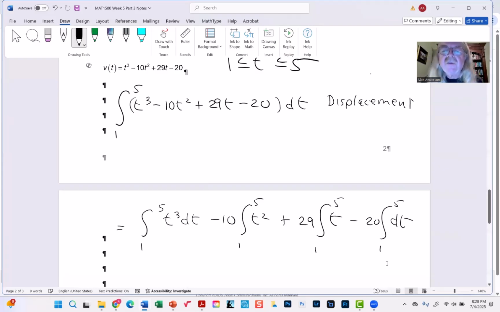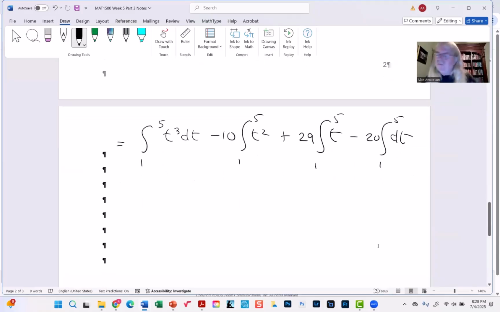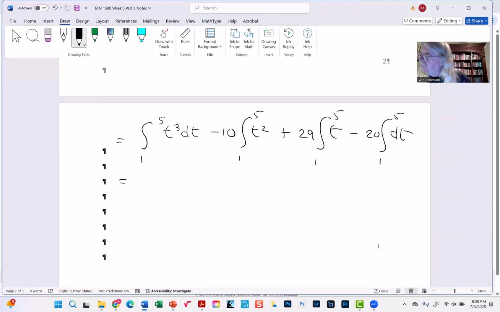And now we can easily see how to apply the power rule. So this first one will be t to the fourth over 4, evaluated between 1 and 5.